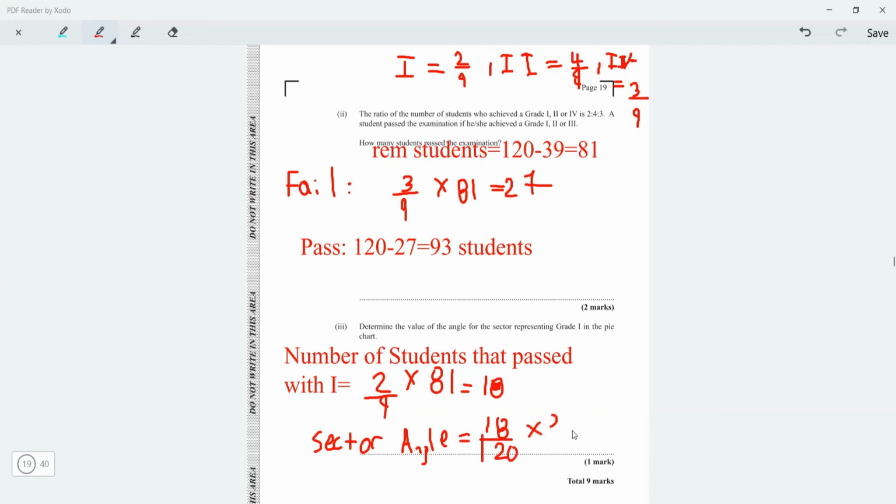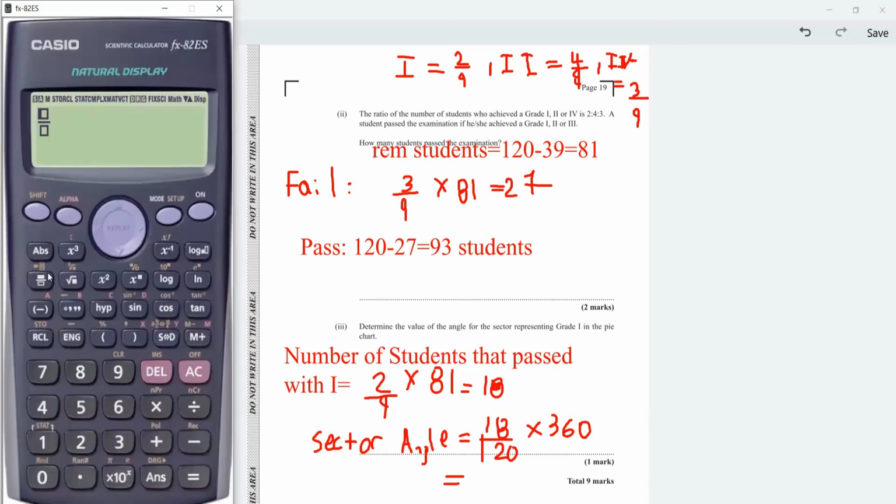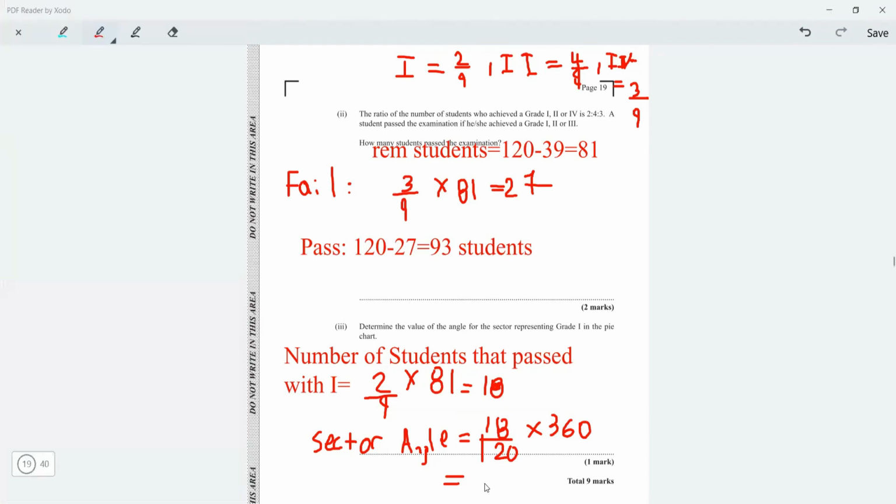That's going to give me the sector angle. 18 over 120 simplifies to 3 out of 20 times 360. That's 54 degrees. That's the sector angle.